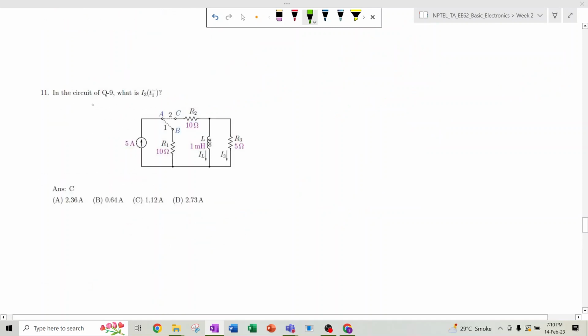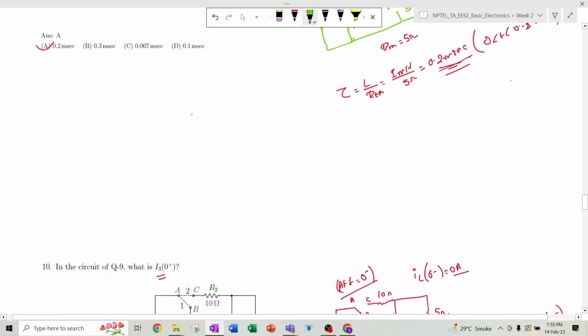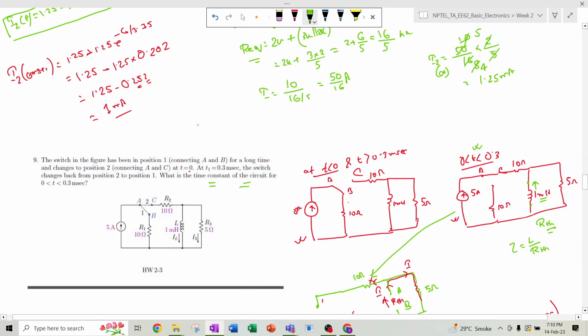Now it is asked that in the same circuit, what is the value of I3 at time t1 minus? T1 minus means, T1 is what? T1 is 0.3 millisecond.